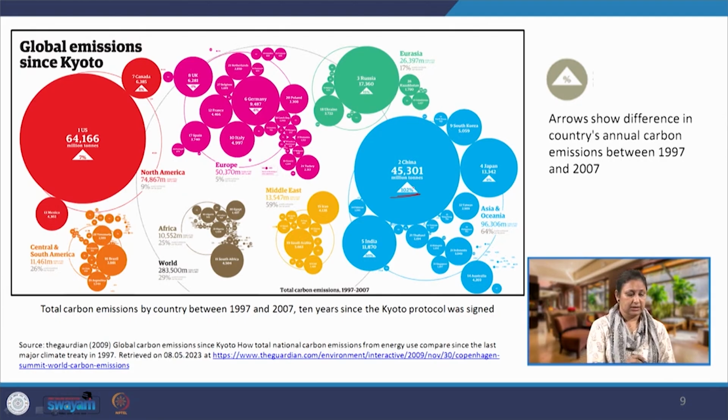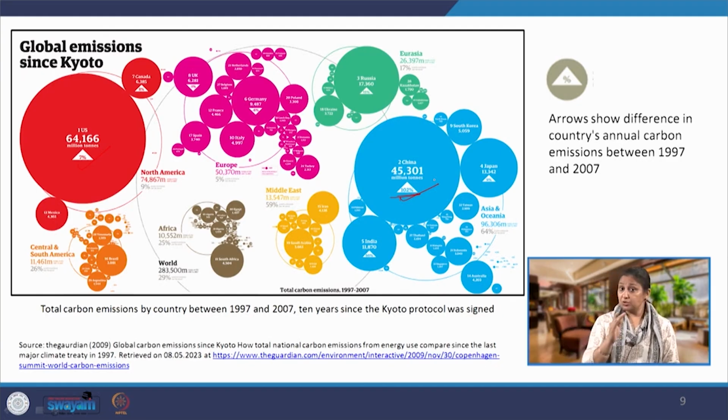Here we can see that US has since increased its emissions. Well, it has not ratified Kyoto Protocol, but if you look at China, which has non-binding targets but has ratified the Kyoto Protocol, it has almost increased its total greenhouse gas emissions by 100%. So, they have literally doubled the emissions, but then we also see that there are non-binding targets for these countries.